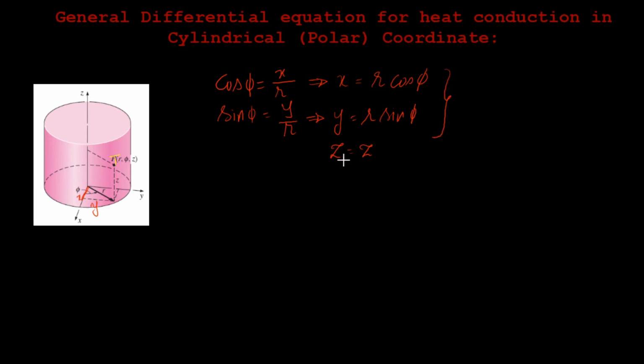So with the help of these three formulas, that is x equals r cos phi, y equals r sin phi, and z equals z, I'll substitute the value of x as r cos phi and y as r sin phi in the general three-dimensional equation which we derived for Cartesian coordinate system.